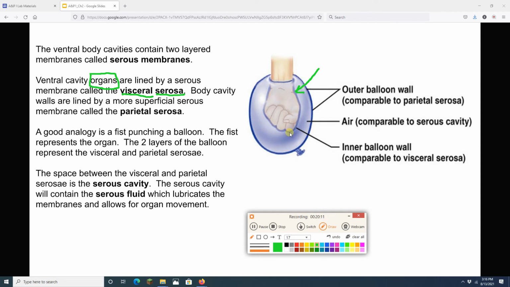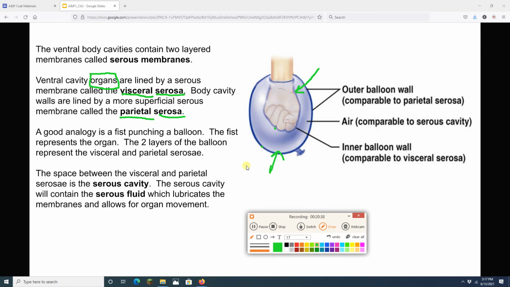And then a little bit superficial to that, you would have another membrane called the parietal serosa. So this layer of the balloon right here, that would be the parietal serosa, okay? Notice it's the same balloon. Everything is connected here. It's just different spots on it get different names.